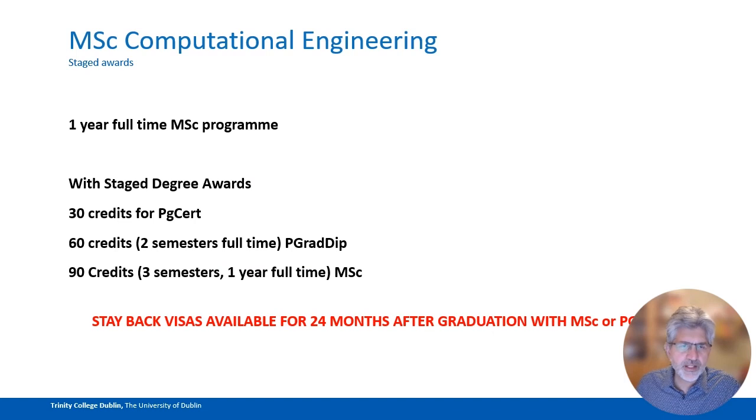So the program is a one-year MSc program, but there are staged awards. So you could opt to do 30 credits for a postgraduate certificate. Then you could upgrade that with 60 credits for a postgraduate diploma, and then into the 90 credits one-year master's.